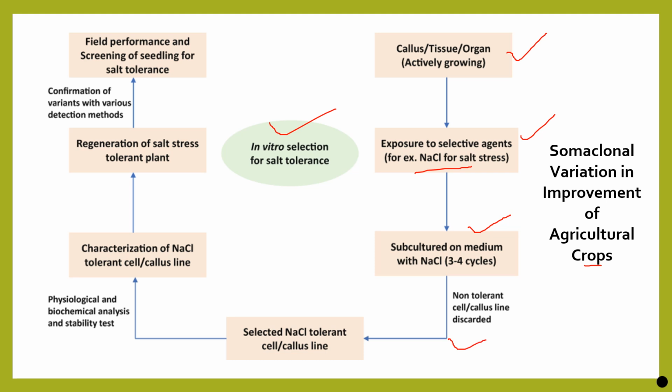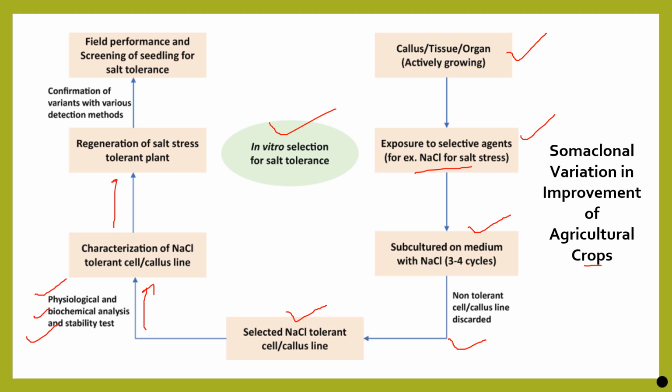Now, non-tolerant cells of the callus will be discarded. The selected NaCl tolerant cells will be grown again in selective media, and we perform certain physiological, biochemical and stability tests on them. Then comes the characterization of the NaCl tolerant callus line.